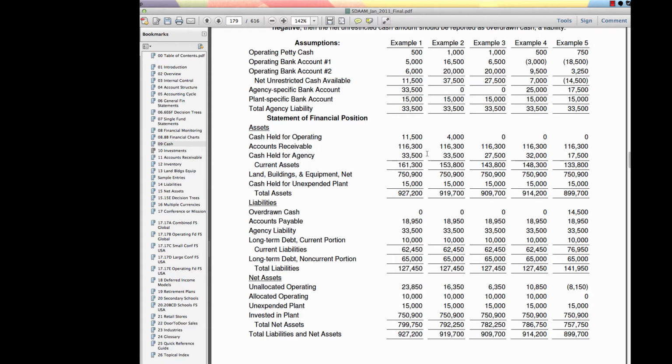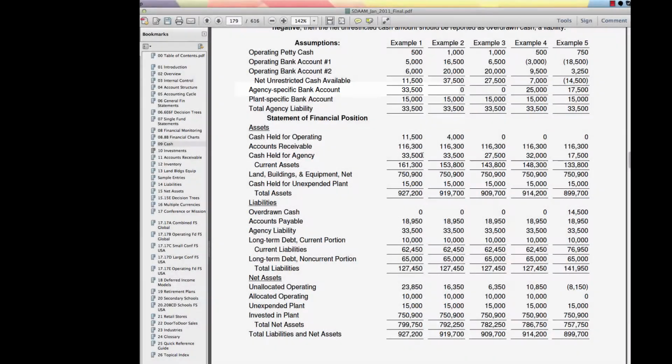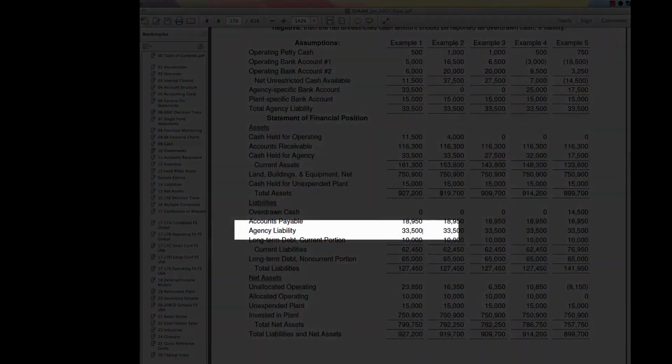To put it very simply, as you go through all of these examples, if you've got the money, the cash held for agency equals the agency fund. In this case, they have put it in a separate bank account, shown here as cash held for agency, and it equals the amount of the liability.